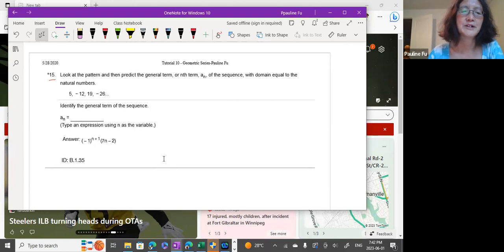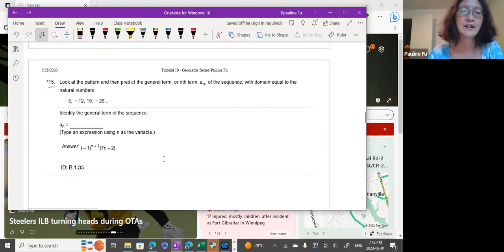This one is a little bit difficult. Question 15.